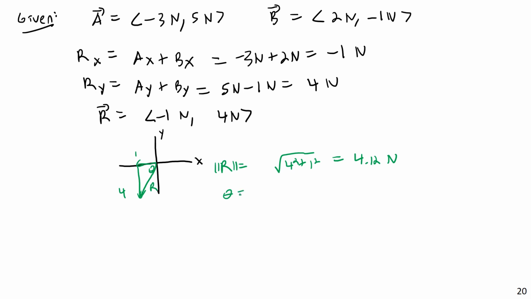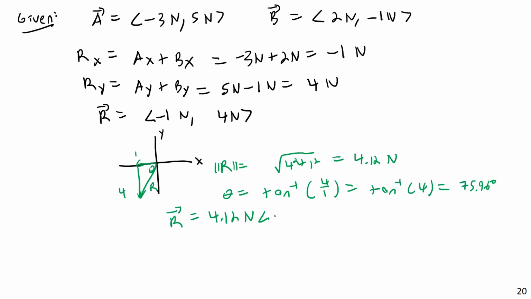And then theta would be the inverse tangent of opposite over adjacent, 4 over 1, or the inverse tangent of 4, and in degrees, that will come to 75.96 degrees. Or I could say that the r vector is 4.12 newtons at an angle of 75.96 degrees below the negative x-axis.